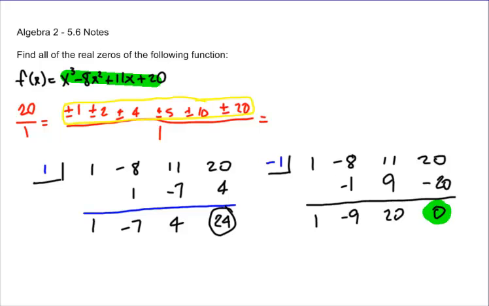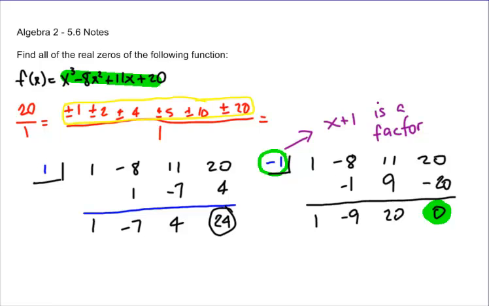A remainder of 0 is good because it tells us that -1 is a zero. And if -1 is a zero, then x plus 1 is a factor.